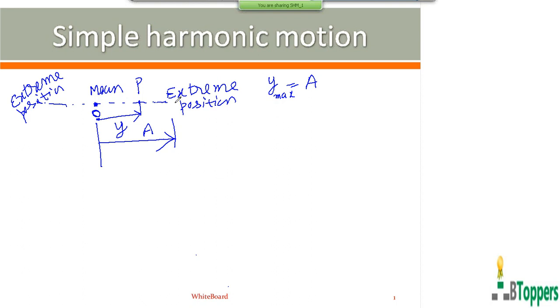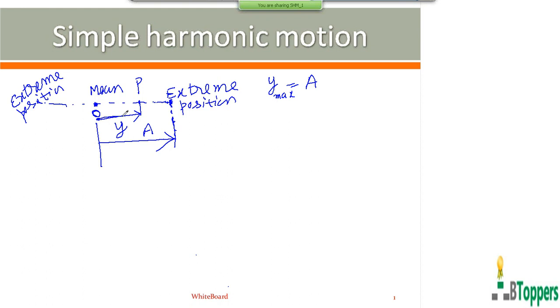So unlike in the examples we have discussed in kinematics, here the displacement of the particle in a given time interval is not measured directly from initial position to final position. So the displacement is expressed as a function of position coordinate. So the displacement is always measured from the mean position or center of oscillations.